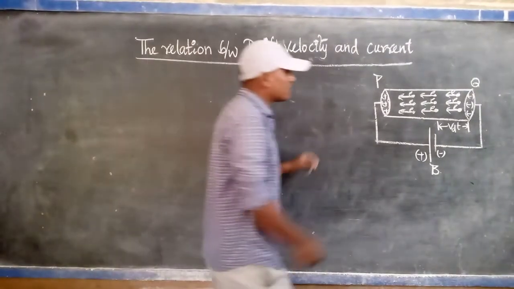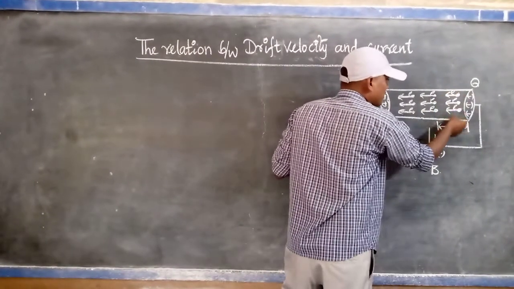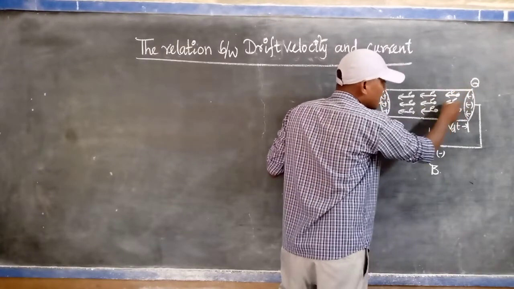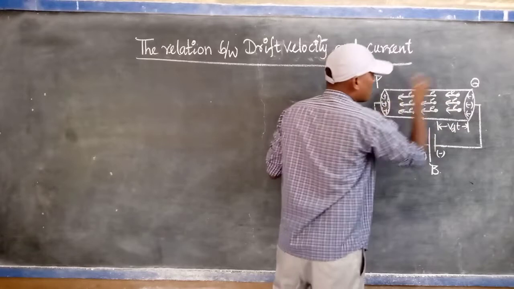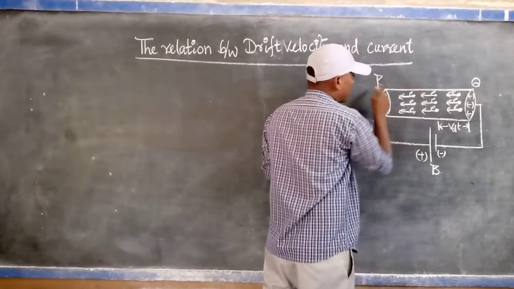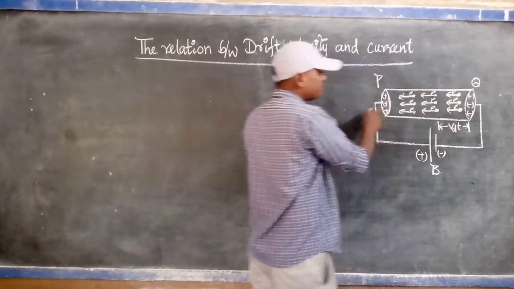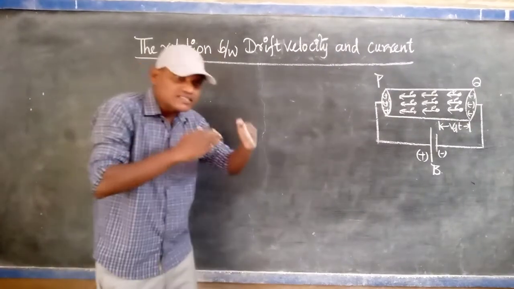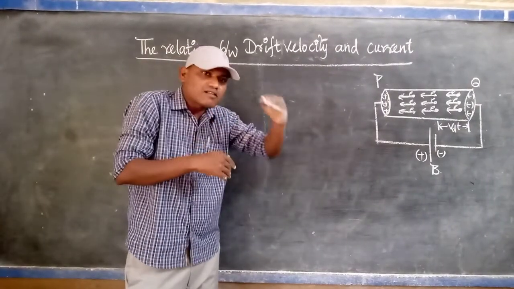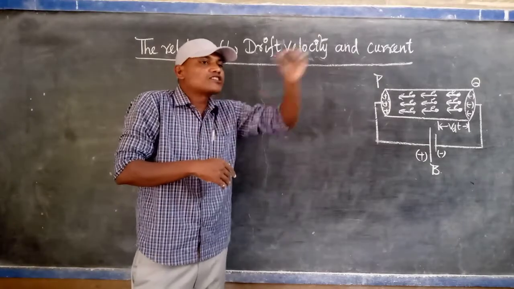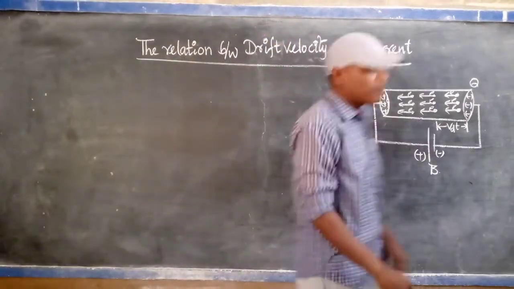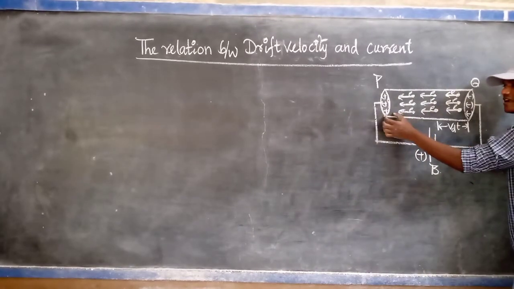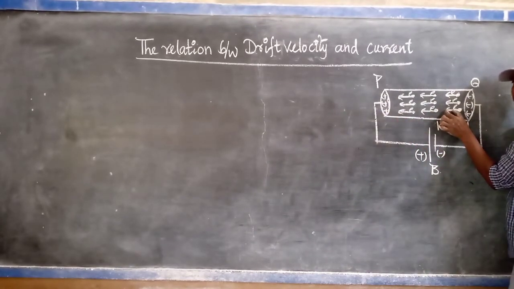Then what will happen on the electrons? Some force will be acting on it. Then finally, every electron is set into the motion from Q end to P end. P is which side? Positive side. So drift velocity, I said that very clearly. The velocity with which free electrons get drifted towards the positive end or positive terminal. Why positive end? Electrons have the negative charge.